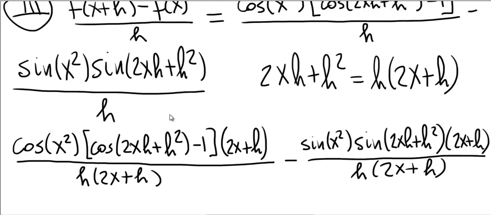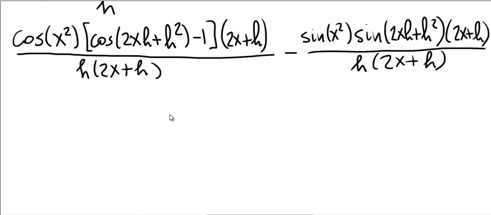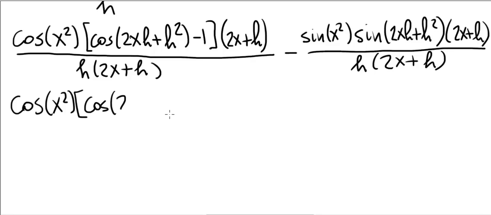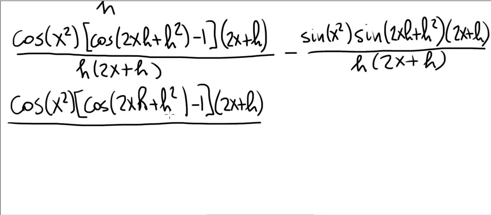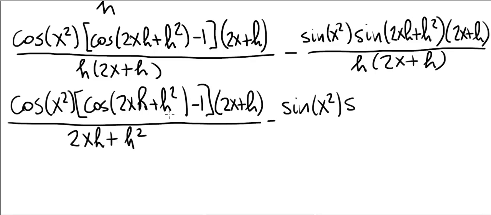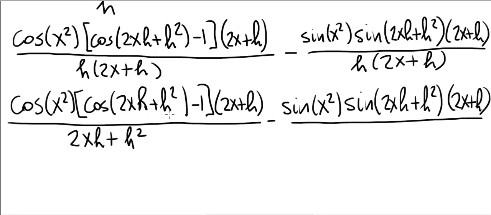So let's do one more thing before going on to step number 4, and that is rewrite this in the following way: cosine of x squared times cosine of 2xh plus h squared minus 1 times 2x plus h, and this is divided by 2xh plus h squared, minus sine of x squared times sine of 2xh plus h squared times 2x plus h, and divide that by 2xh plus h squared.